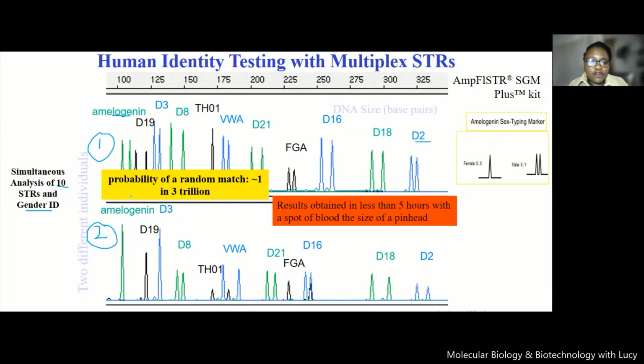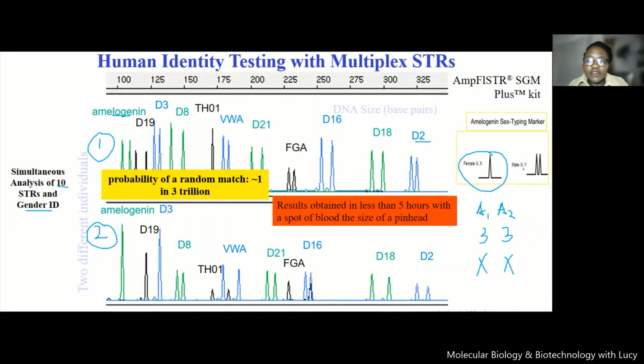peaks. So for the amelogenin one, usually if it's a female, it will give you 1 peak. The same way we said, if allele 1 and allele 2 are the same, let's say 3, 3, then you get only 1 band and 1 peak if it's an electropherogram. So in this case, female is XX and this is identical. That's why you get 1 peak.